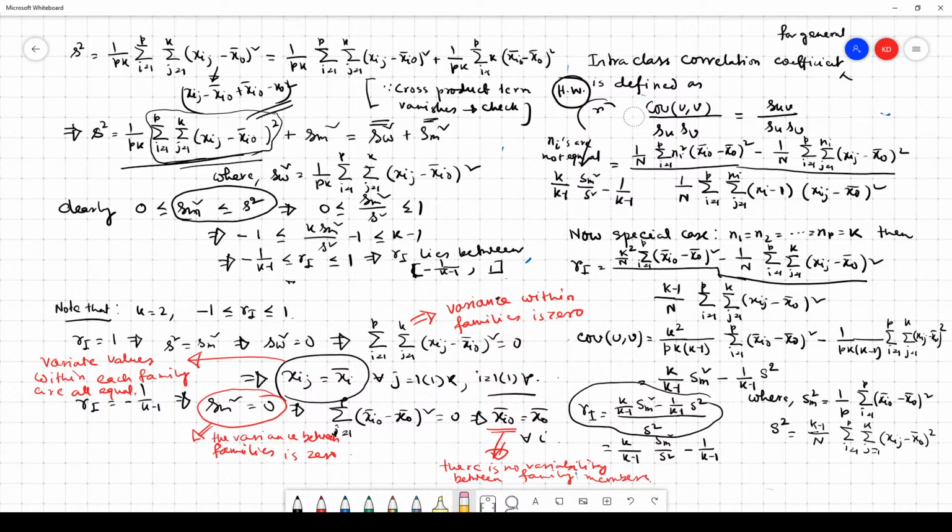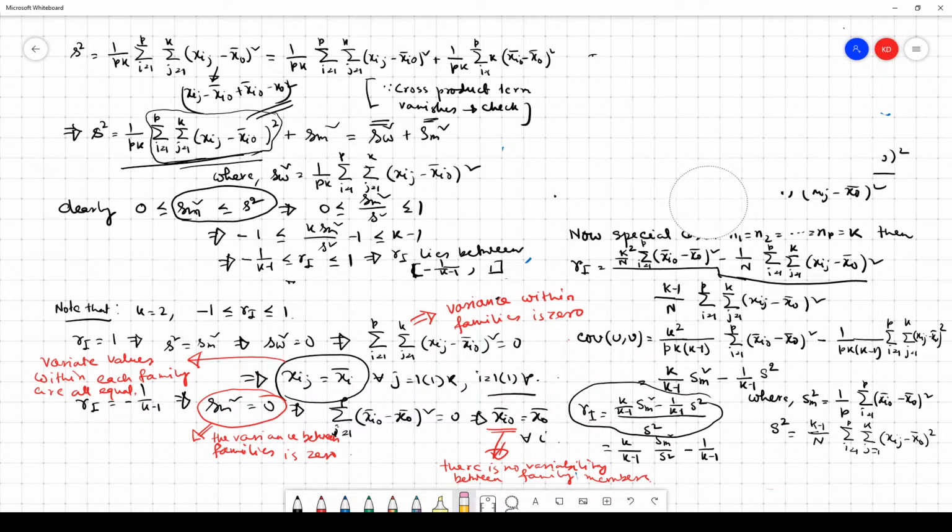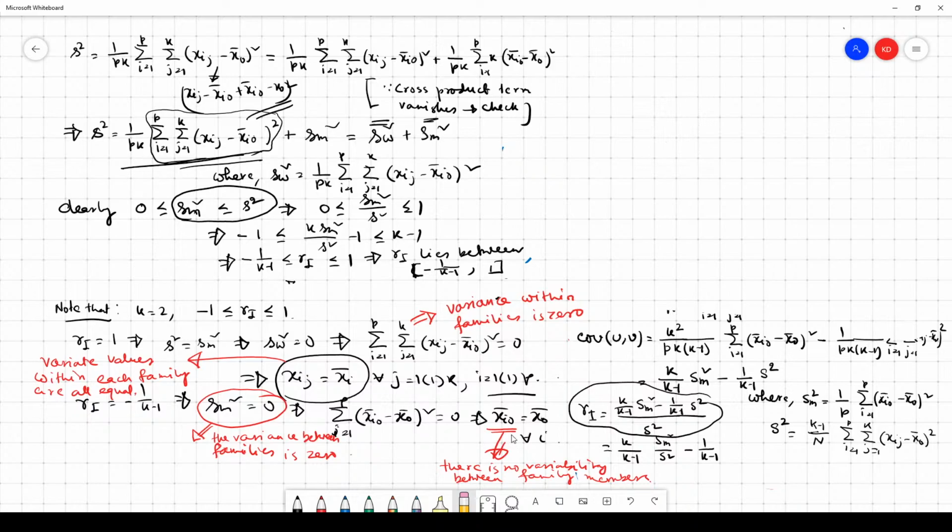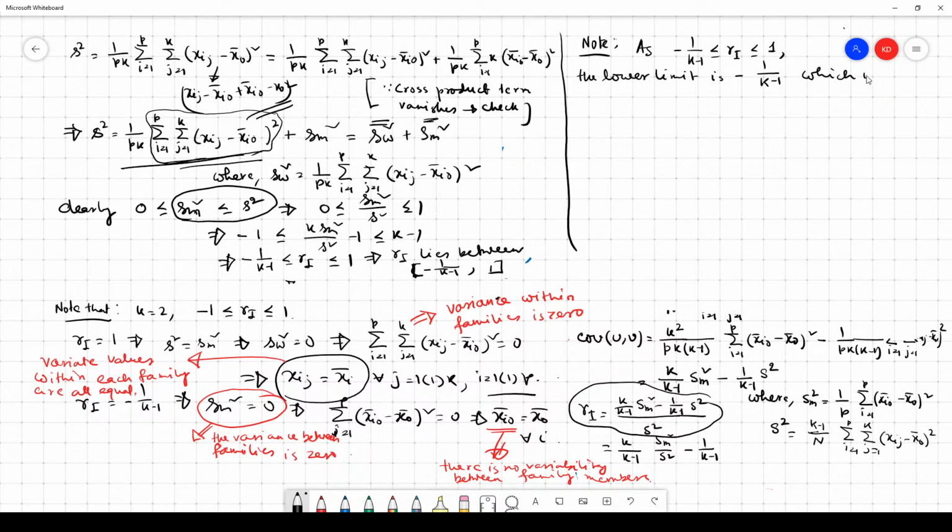Note that as Ri lies between this, the lower limit is minus 1 by k minus 1, which is larger than minus 1, except k equal to 2.